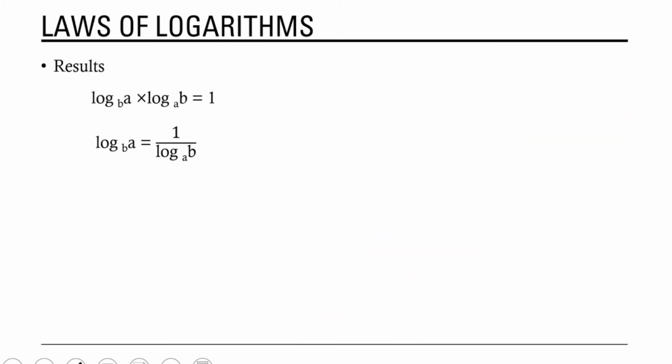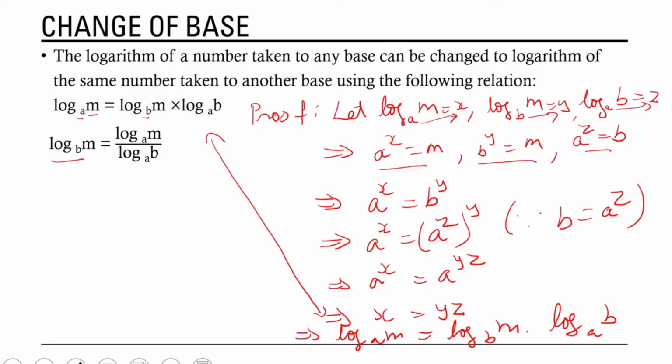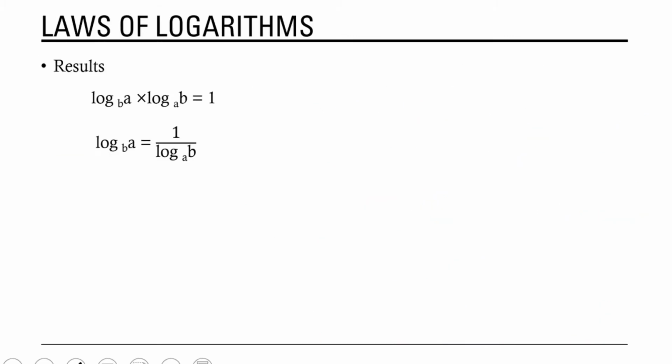Now, we just now saw log m to the base a is equal to log m to the base b into log b to the base a. In this I am substituting m is equal to a, that is log m to the base a is equal to log m to the base b into log b to the base a.